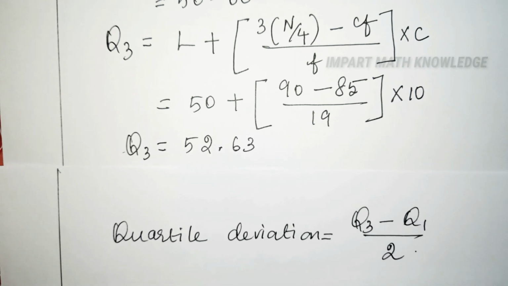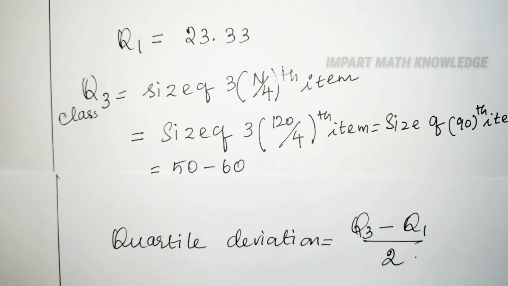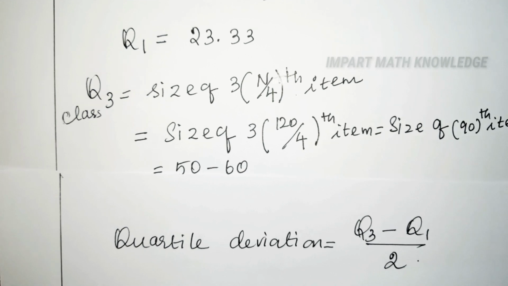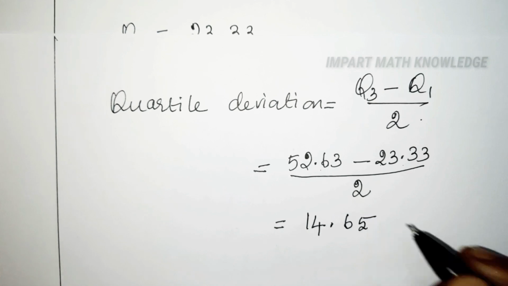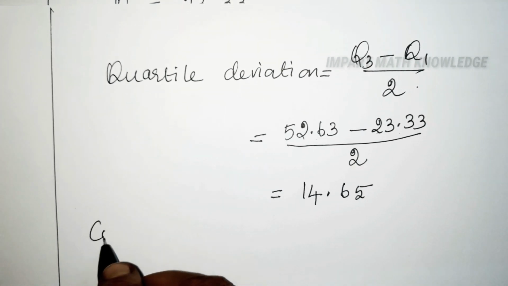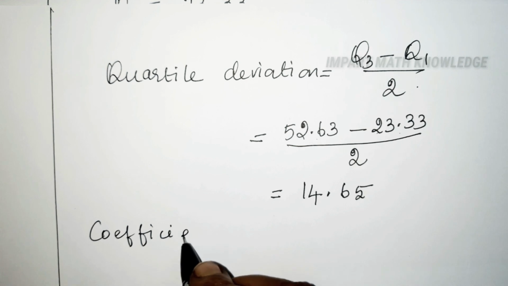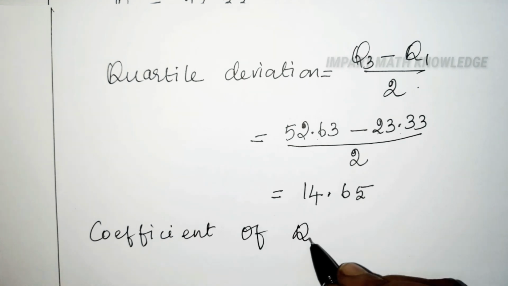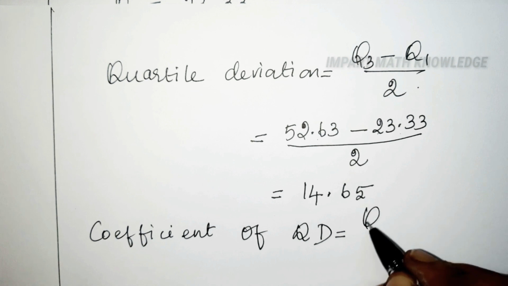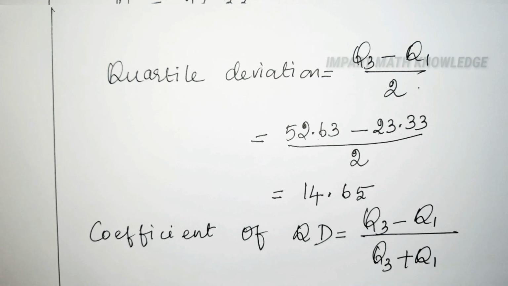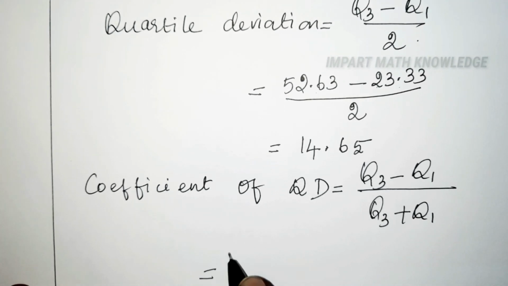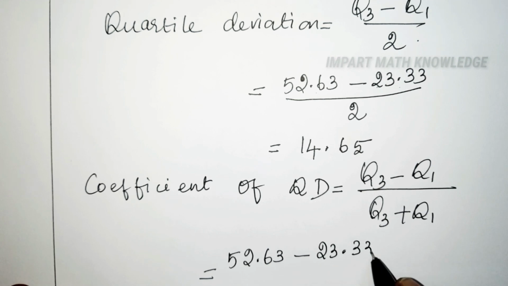Now quartile deviation is Q3 minus Q1 divided by 2. Q3 is equal to 52.63. Q1 is equal to 23.33. So the quartile deviation is 14.65. Now coefficient of quartile deviation, that is Q3 minus Q1 divided by Q3 plus Q1, where Q3 is 52.63, Q1 is 23.33.